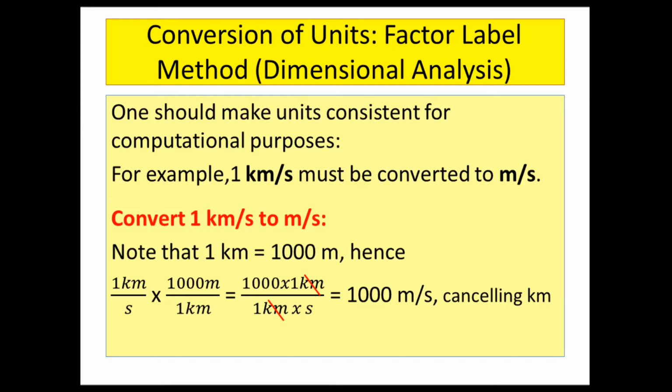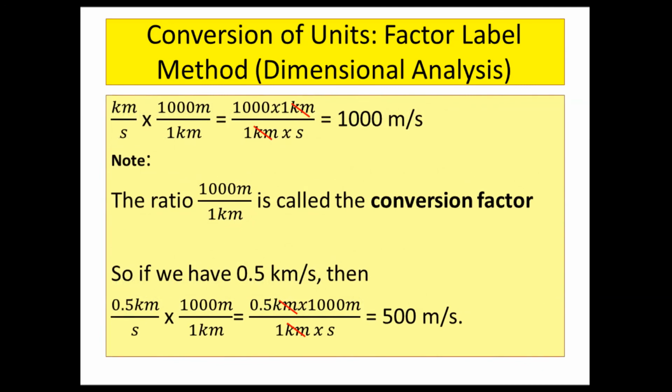Hence, we write the given 1 km over second multiplied by 1,000 meter over kilometer. This 1,000 meter divided by 1 kilometer is what we call the conversion factor. And we cancel some units. We obtain 1,000 meters per second.